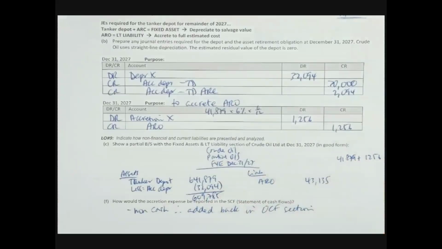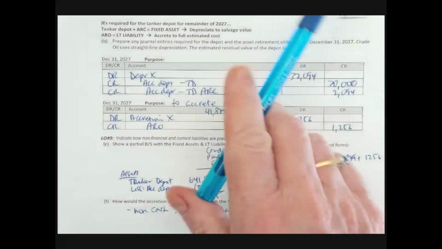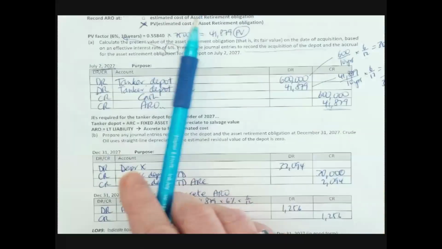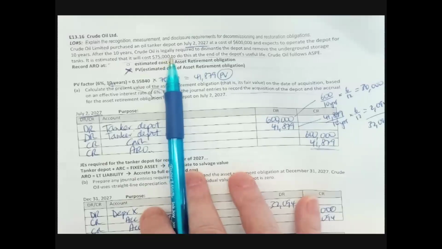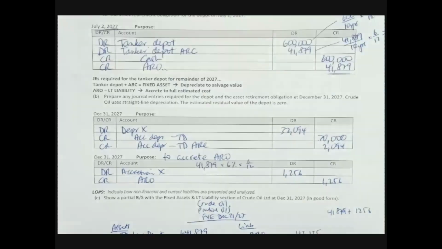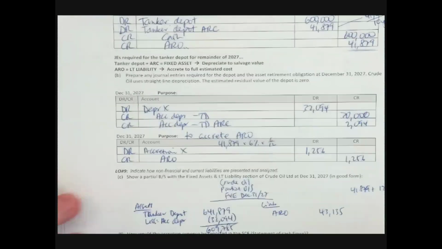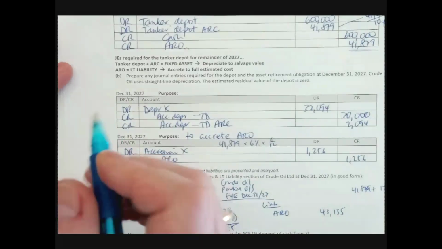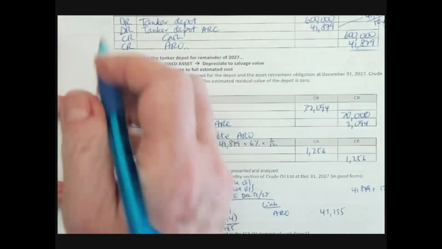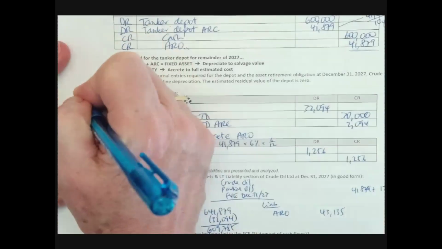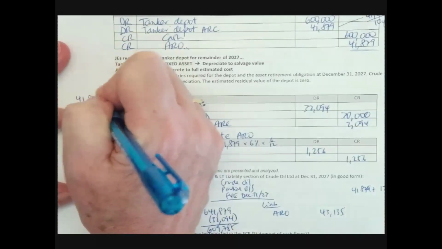Okay, so let's just think through. We have a cost of 75,000 that needs to hit the books, needs to hit the income statement. How does the 75,000 hit the income statement? We have 41,879.